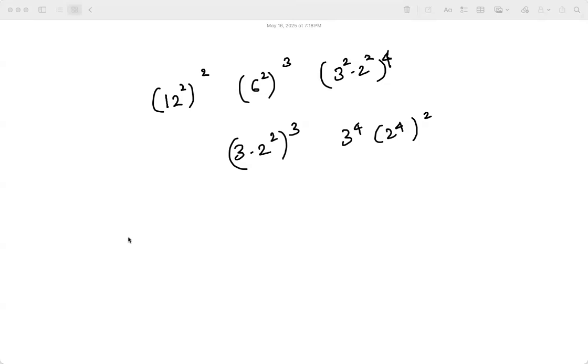Okay, can you do this? How am I supposed to write it? Here, I want you to tell me which two are equal. What two numbers are equal? How do I tell that?